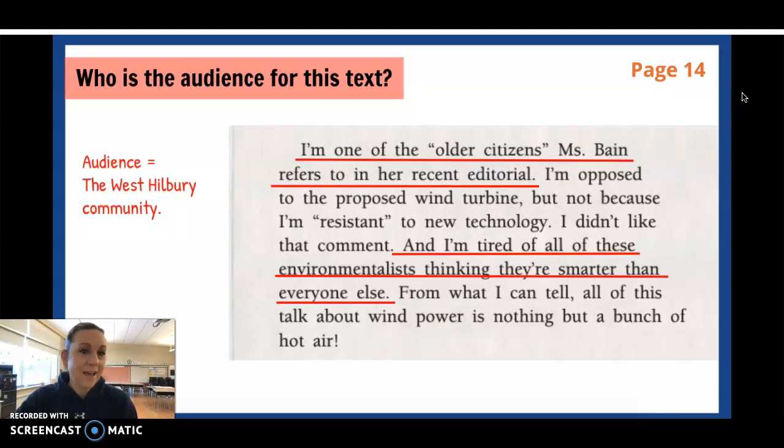So our audience, again, is the West Hillbury community. So they're both writing for the same audience, but using different voice. What voice do you think was more appropriate in this situation? We may have to discuss later.